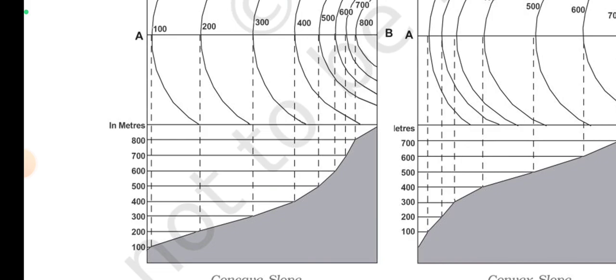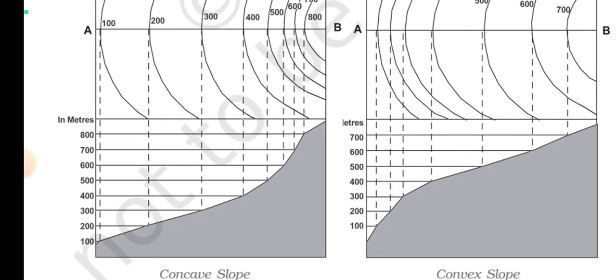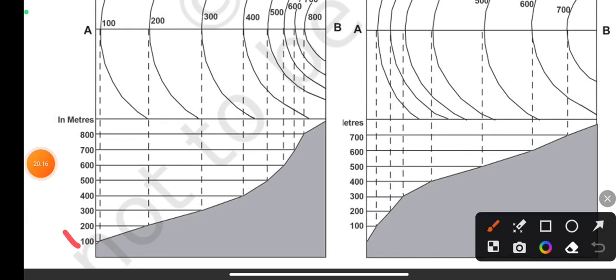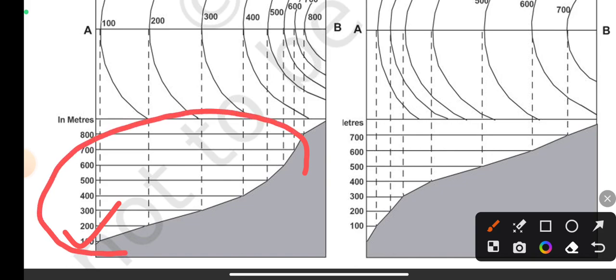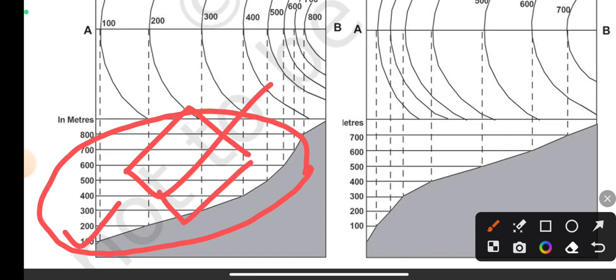If you imagine it like a concave, so suppose cave is like a hole, a low place. So here you can see that the height is low, so you can consider it as a cave, and you can remember that the concave is when the contours are widely spaced at the lower parts and very narrowly spaced in the upper part.